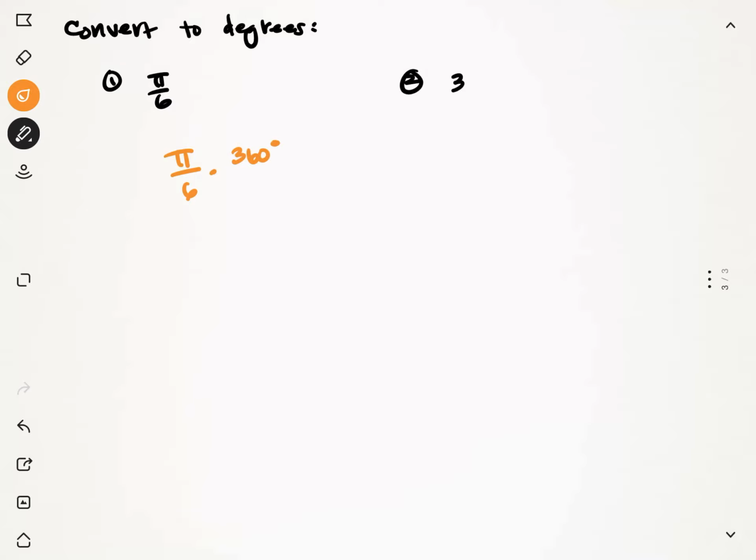So 360 degrees. And we're going to put our 2 pi on the bottom. Now this works out nicely because our pi's will cancel out. And then we have 360 divided by 6, which is 60 degrees.